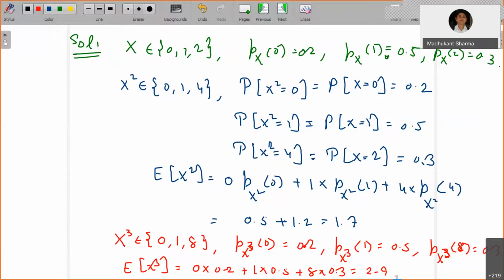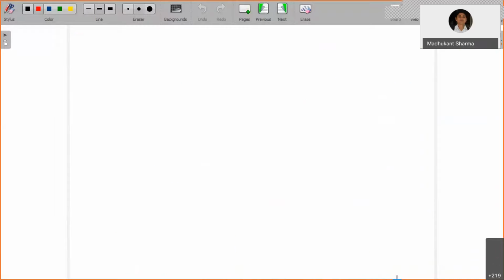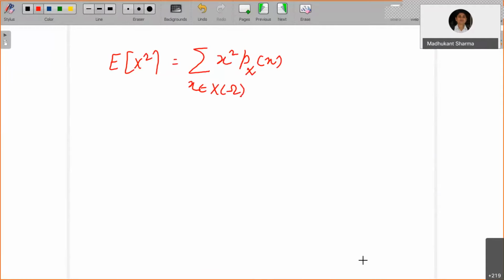Okay, right. So what have you observed here? The expectation of x square is equal to the summation of x square times p of x. Isn't it? This is the same as the previous one.